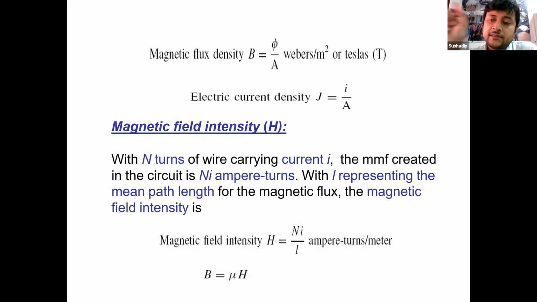That you have to find out. That is nothing but the magnetic field intensity at a particular position.